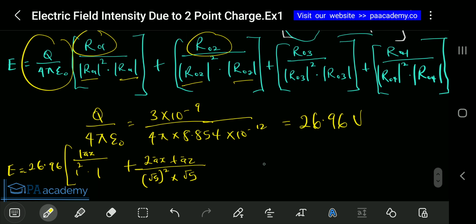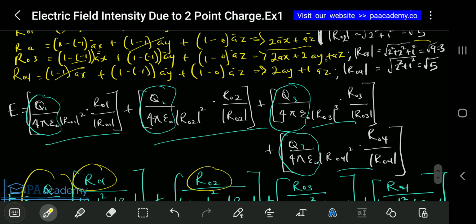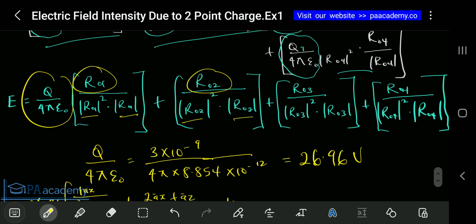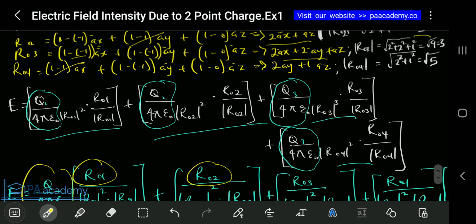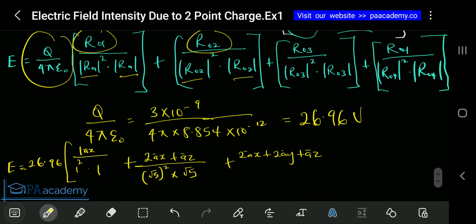So let's move to the third one. For RO3, its unit vector, this is it, 2AX plus 2AY plus AZ. So don't forget the bar at the top. Then its magnitude is 3, so over 3 squared times 3.